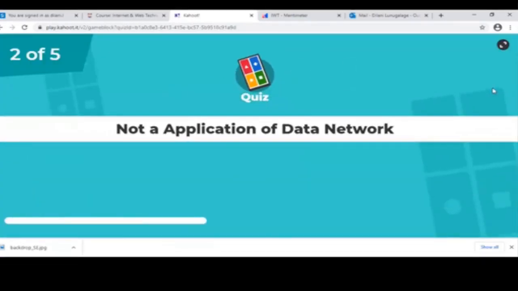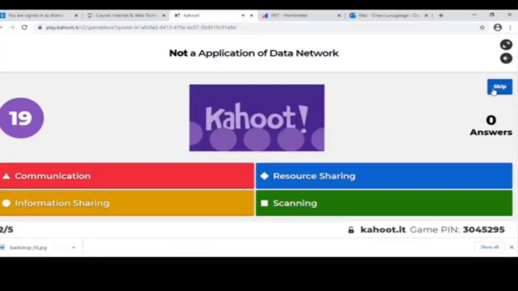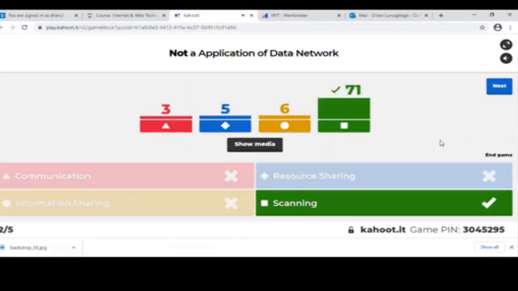Second question. Not an application of data network. Yes, so scanning is not an application of data network. 71 of you gave the correct answer.